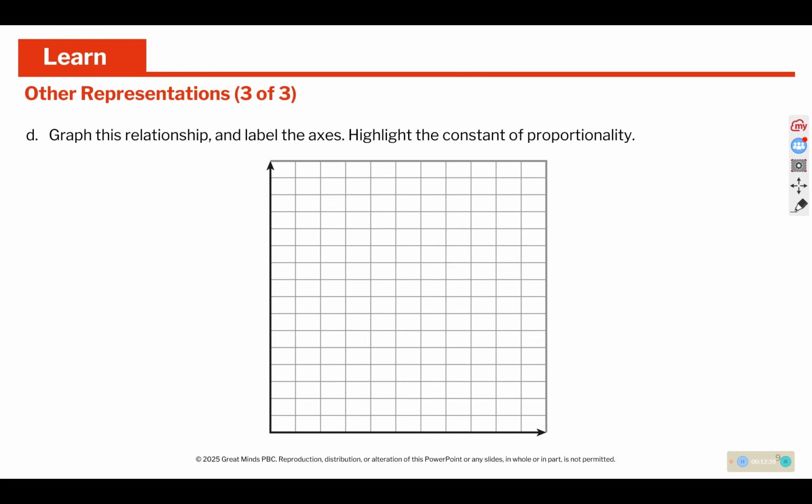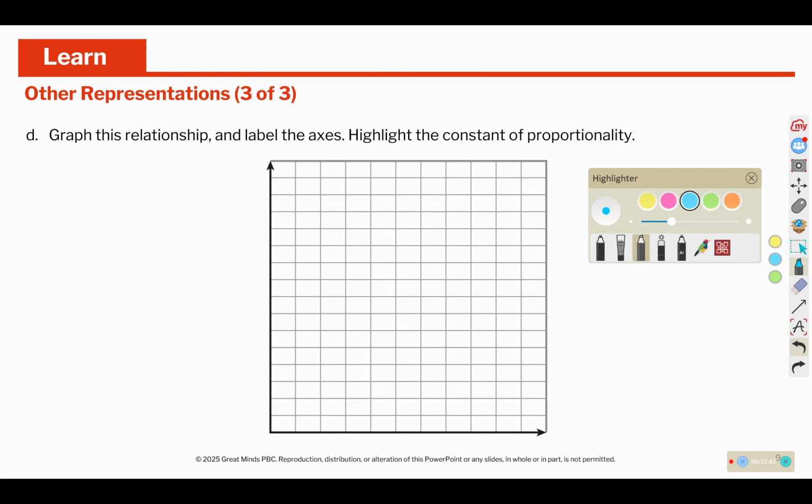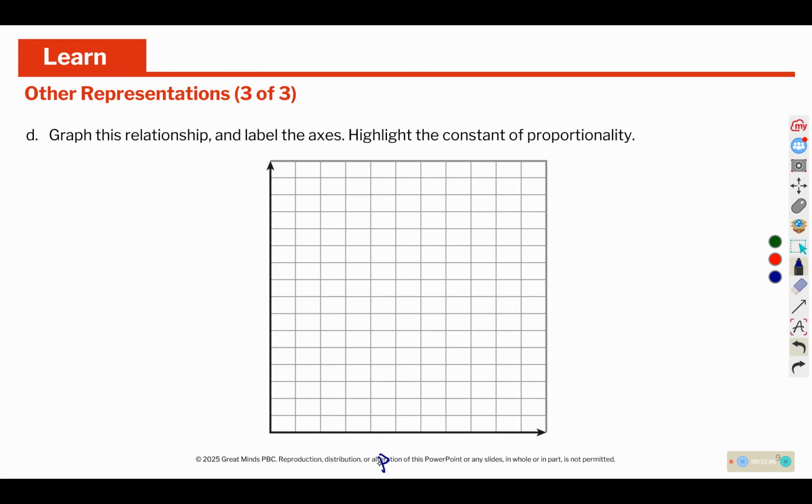D, graph this relationship and label the axes. Highlight the constant of proportionality. This is pounds and cost.